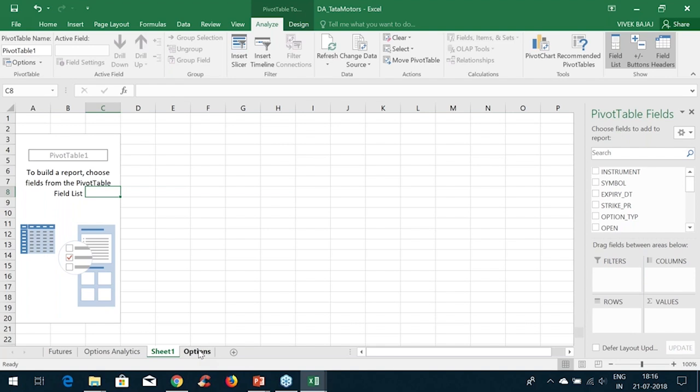Pivot are add-on analytics which Excel itself can help you to do. You don't have to become an expert programmer or expert analyst to play with the Excel. A pivot can help you to play with the data which you have already captured.